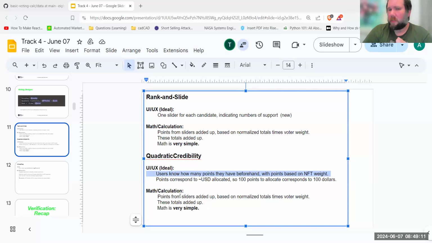The math is almost exactly the same as rank and slide until the last step, which is that you're using quadratic voting, which is less intuitive. And so there are square roots at this point, which can cause complications due both to the arithmetic complexity of square roots, but even more so just that people don't have a strong intuitive sense of how their votes will actually count.